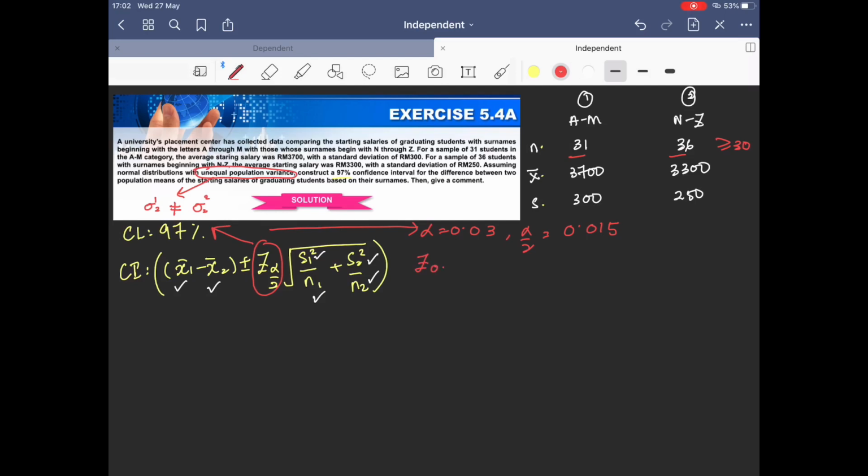Z 0.015. Look at your stat table. You will have 2.1701. Okay, now you have all the values. Substitute back into the formula.